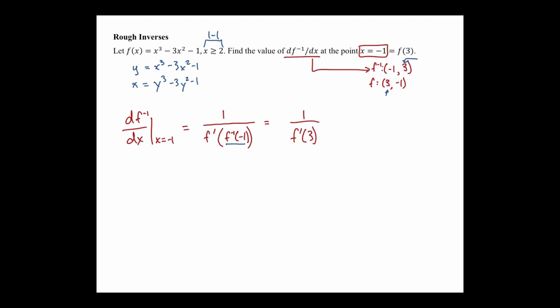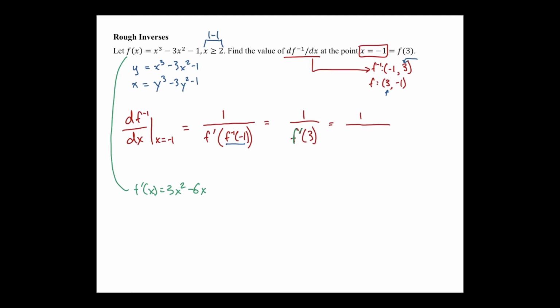Well, f prime is something we can easily compute. F prime of x could be computed just by using our given function. So f prime of x is 3x squared minus 6x. Well, we have f prime now. Let's just plug in 3, and that will give us the desired value.